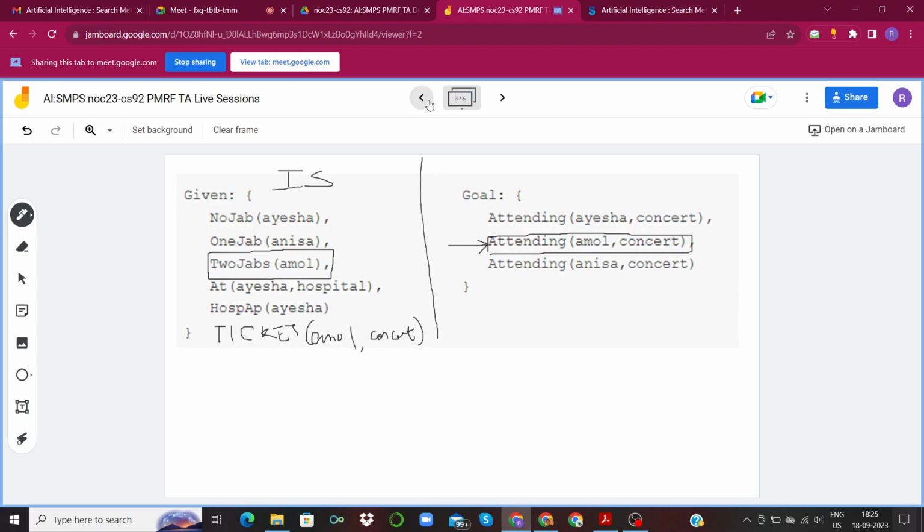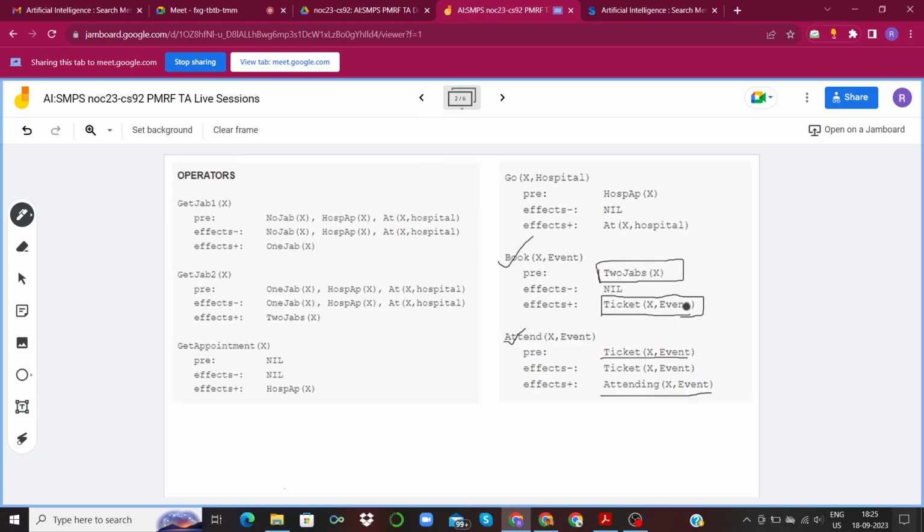Now that we have ticket Amol, concert in our state, we can say that this precondition is satisfied, and we can apply this attend Amol, concert operator as well. And once we apply that, we will arrive at this subgoal that we wanted to achieve of attending Amol, concert, right?